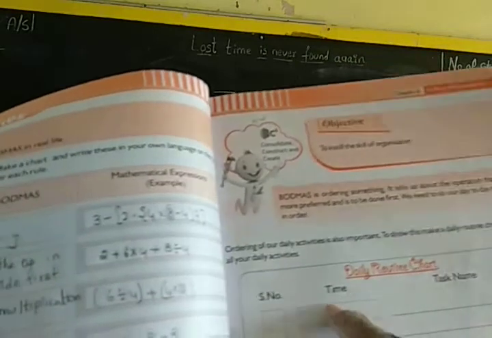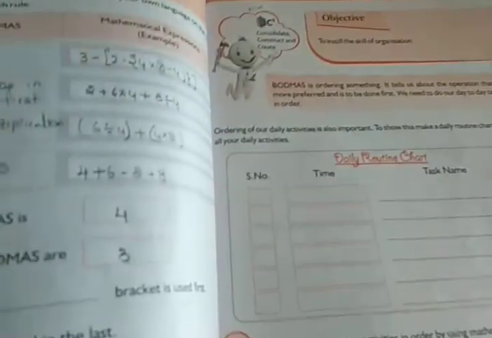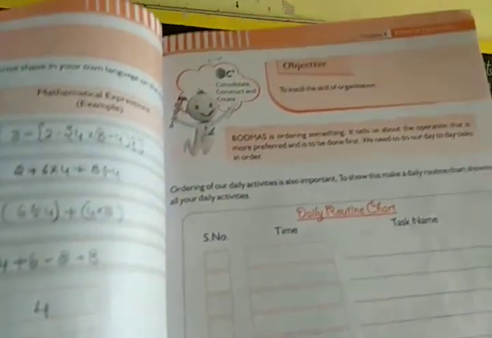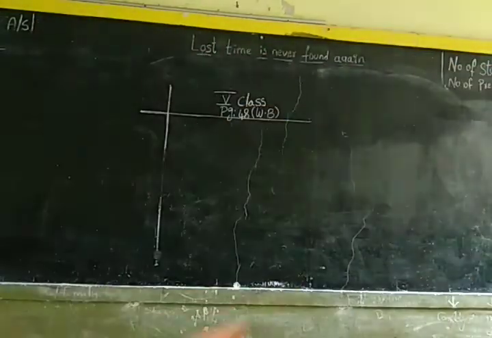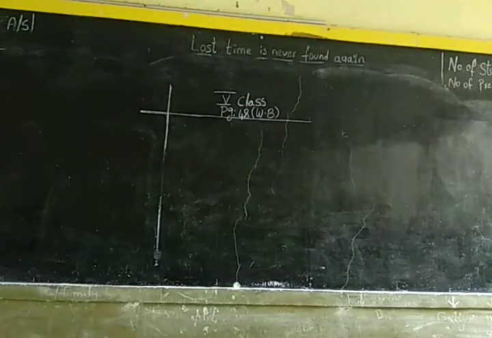All this you have to write down. Here you write the task and here you write the time. That is the C3 part. Did you understand, children?